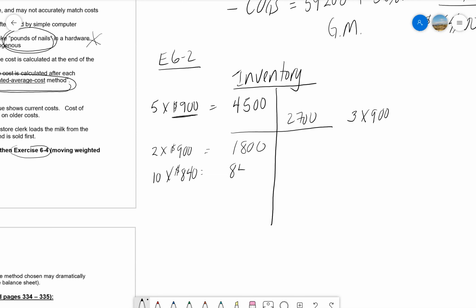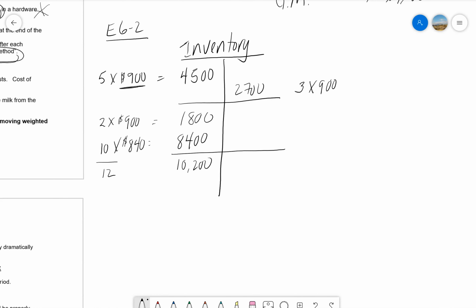That's going to increase our inventory by $8,400. And so that's going to give us a total inventory cost of $10,200. And now we have a total of 12 units. But because we have them at different cost amounts, remember that 2 are at 900 and 10 are at 840.